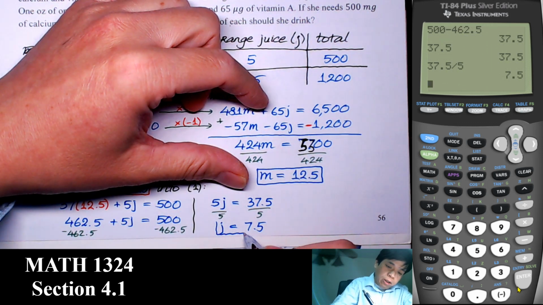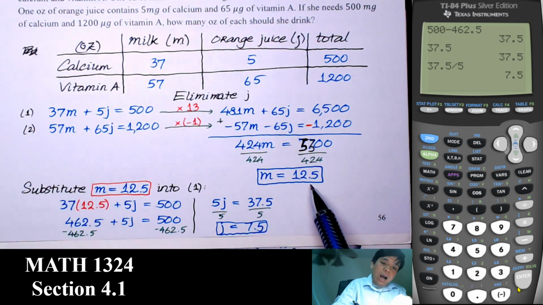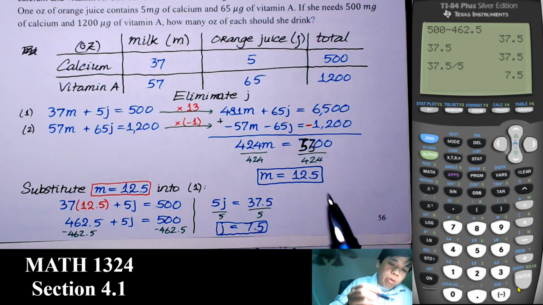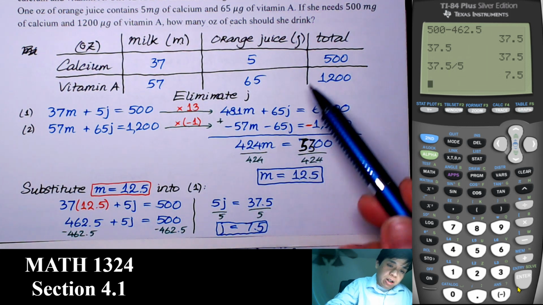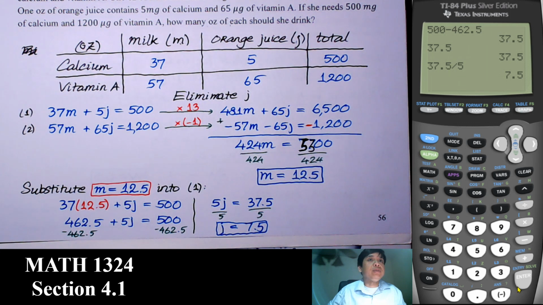So we have to drink 12.5 ounces of milk and 7.5 ounces of orange juice. And with that, we finished section 4.1. As always, thank you for watching, and see you in another video in Math 1324.